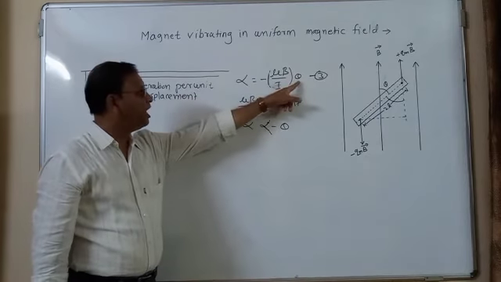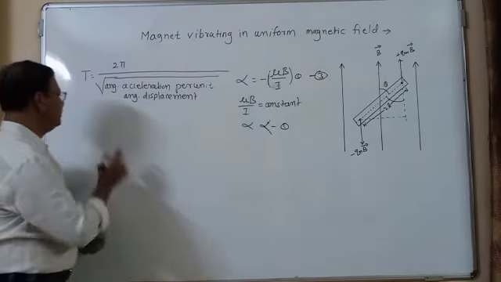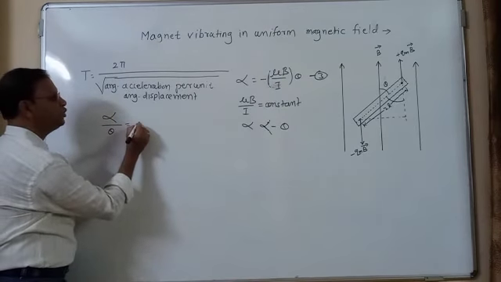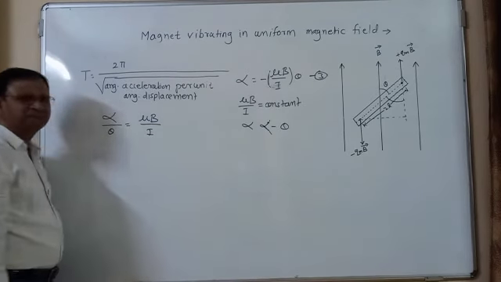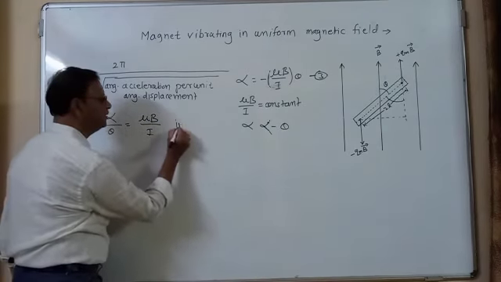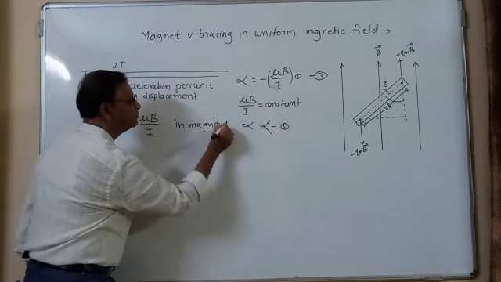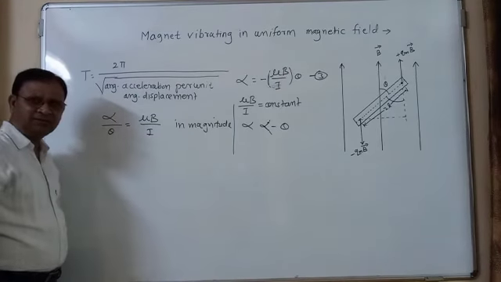If we take theta on the left hand side, then this relation will become alpha divided by theta is equal to mu B upon I in magnitude. You see, in magnitude. This negative sign we can neglect.